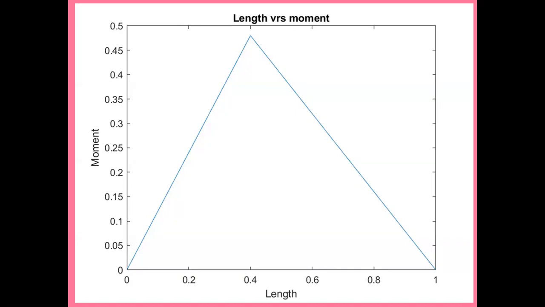Obviously the case being analyzed is a point load. The load itself is not exactly at the center. It is somewhat towards the left, and for this particular point load, the bending moment diagram is going to have a triangular shape. So this is what has been evaluated by the program.